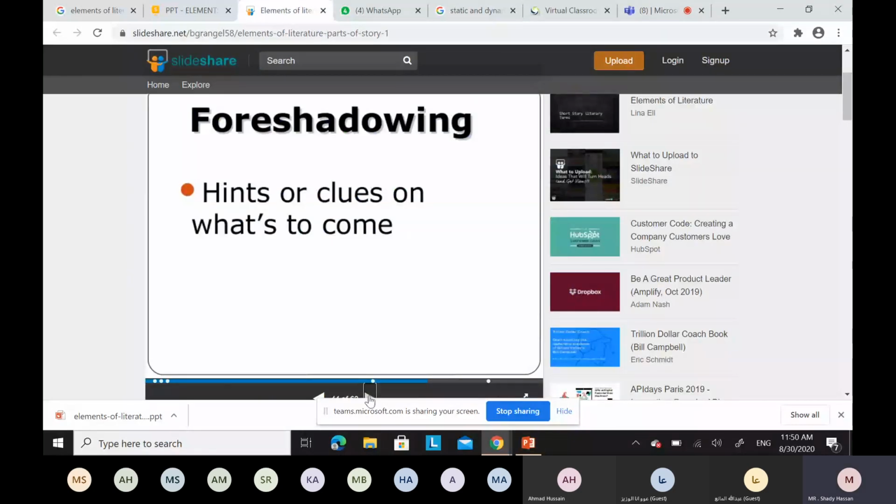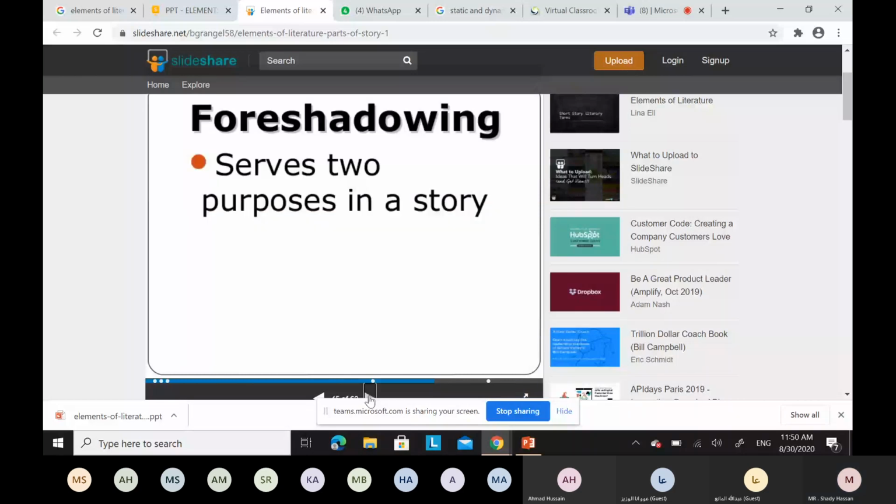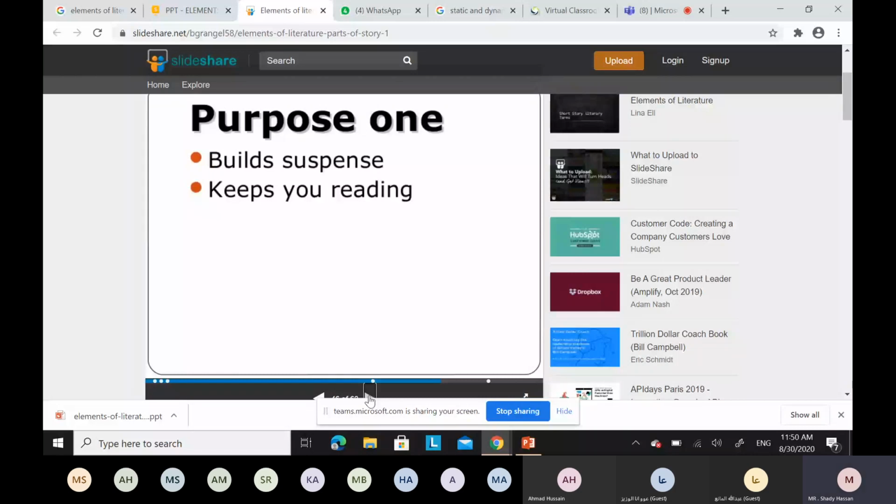The foreshadowing actually serves two purposes in a story. The first one of them is it builds suspense. It keeps you reading.